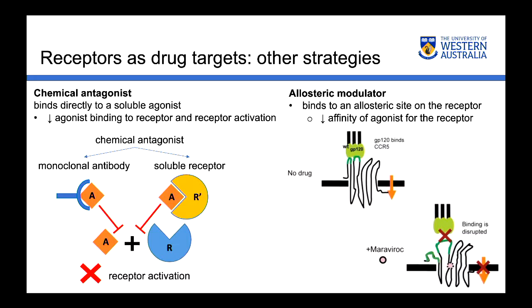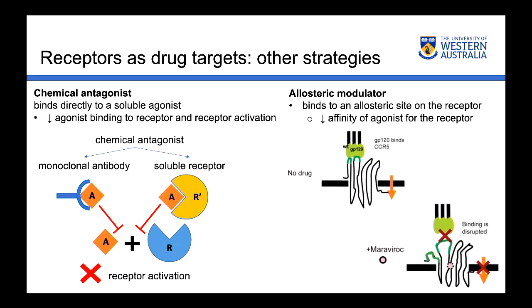Now, the other example is the use of an allosteric modulator. So I'm going to look at MICR5817. Again, this is an anti-HIV drug. I'm not sure whether you have looked at this, but normally the first step of the HIV life cycle involves the interaction between GP120, which is a glycoprotein on the surface of the HIV viral particle.